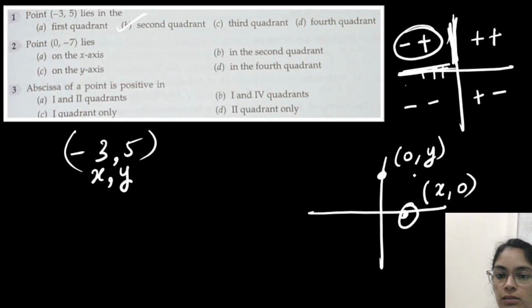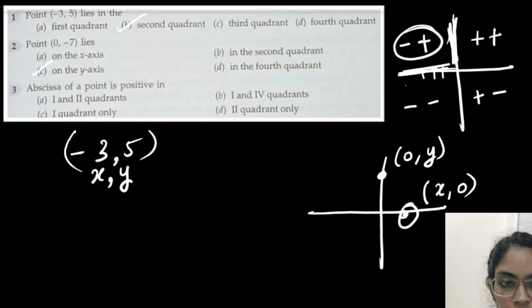So x is 0 on the y-axis, not on the x-axis. Okay, Shivani, you can just attend the class. So this point lies on the y-axis. So answer B is y-axis.